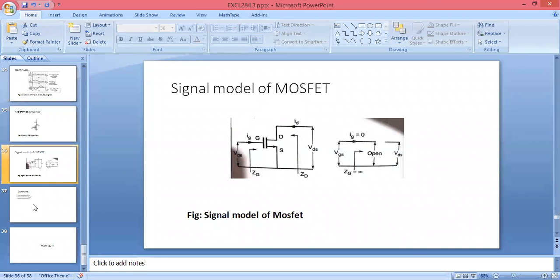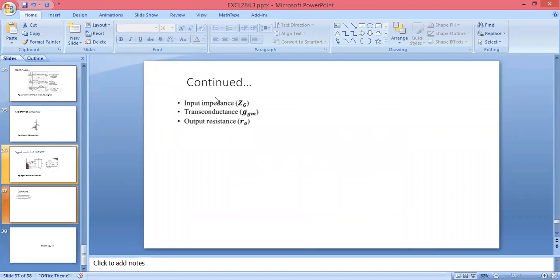When we are not giving any input, if we are giving VGS equal to 0 volt, IG will become 0, and we are getting infinite resistance. And when IG is 0, transconductance is the ratio of output to input parameter. So we will get transconductance as the ratio of ID with respect to VDS.